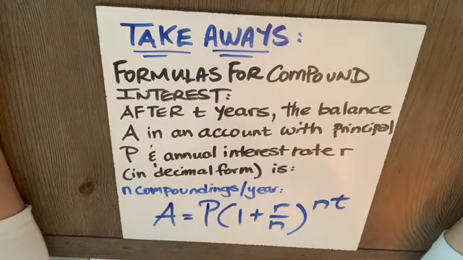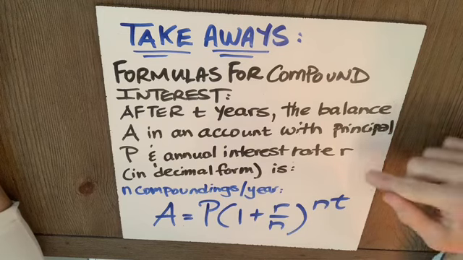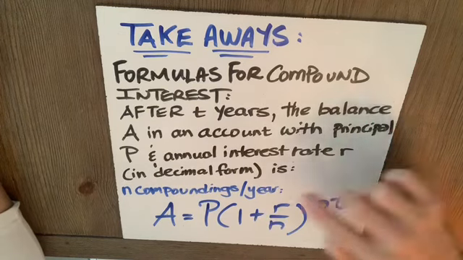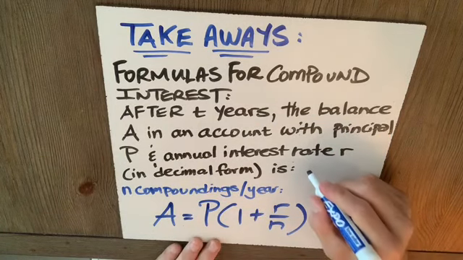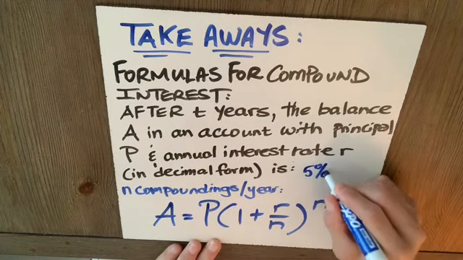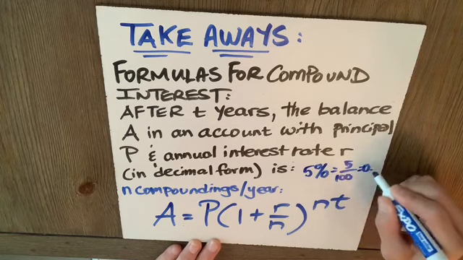So here we have 2 major takeaways. Takeaway 1, formulas for compound interest. After T years, the balance A in an account with principal P and an annual interest rate R written in decimal form. Now, what does that mean? A 5% interest rate, if I give you 5%, that's 5 per 100 or 0.05.